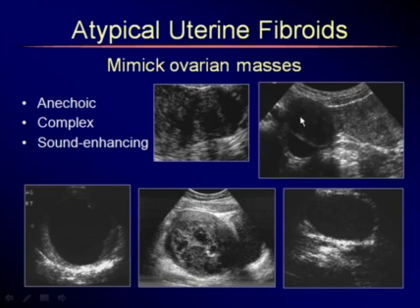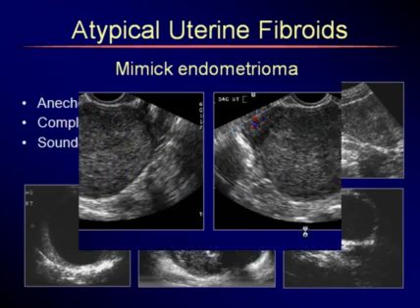Here is another pedunculated myoma that had mostly cystic degeneration. Here it looked like perhaps a dermoid because it had some calcification. Here was one that was thought to be a large lymph node lateral to the uterus. All of these are pedunculated myomas.